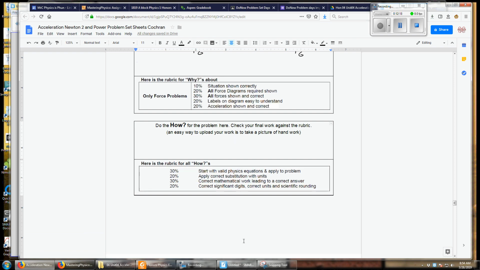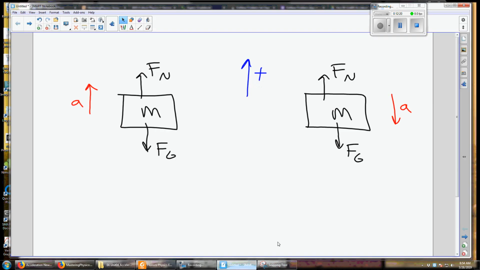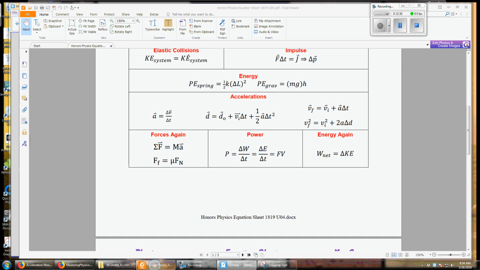And then for my how, let's see, for the how, I need my general force equation.